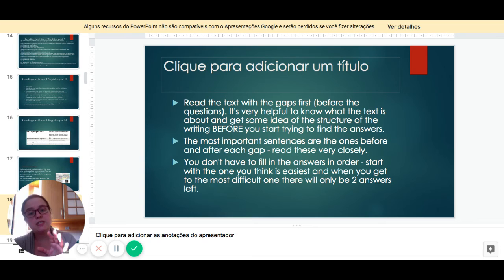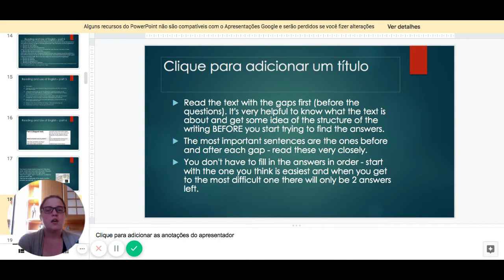Okay, read the text with the gaps first, before the sentences, to know what you're talking about. You can read the sentences before and after the gap, get keywords, and make little signs, the way you prefer.